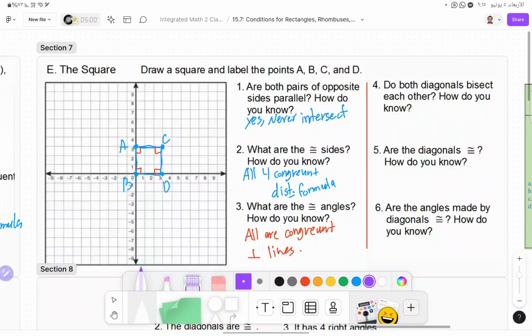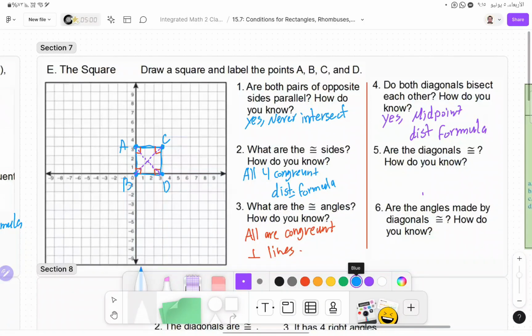Is the diagonal from A to D bisected by the one from C to B? Yes, they bisect each other, because you can just say using the midpoint, or using the distance formula.